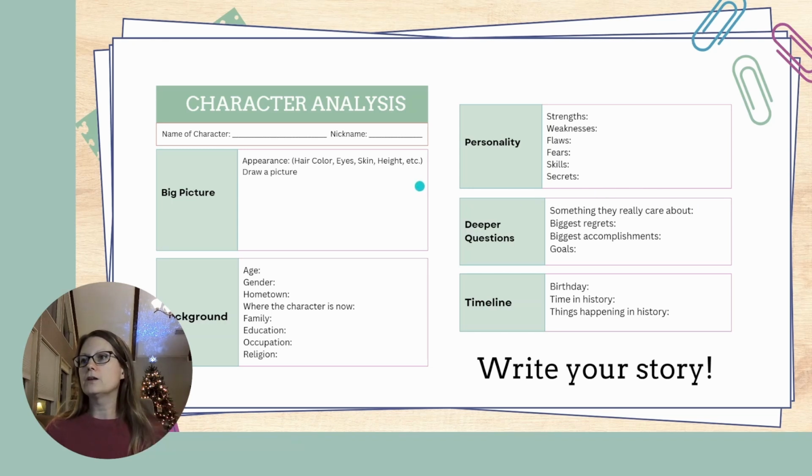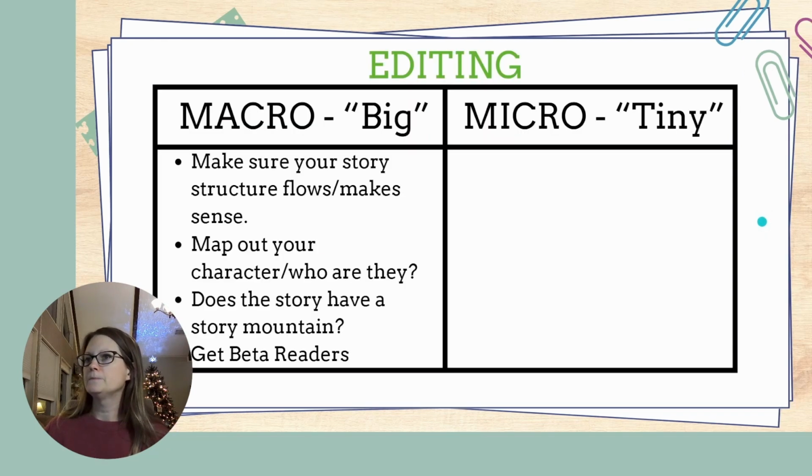Because you don't want to have a character that all of a sudden they're the most courageous character there, but the whole story you kept talking about how they've never even turned the lights out at night when they went to sleep because they're just so afraid of the dark. They're so afraid of a spider. They're just terrified of everything. But then all of a sudden your character slays the dragon, and that just wouldn't make sense. So you need to understand who your character is.